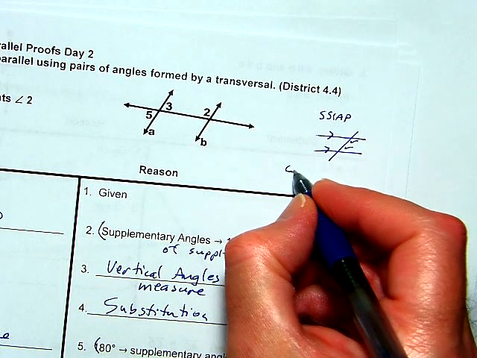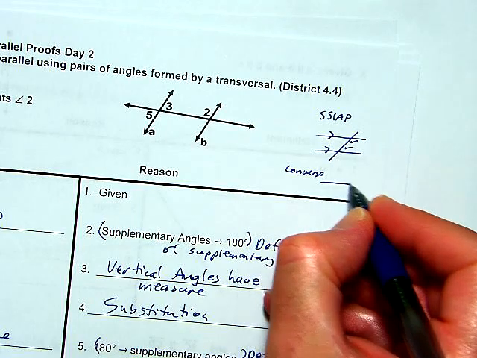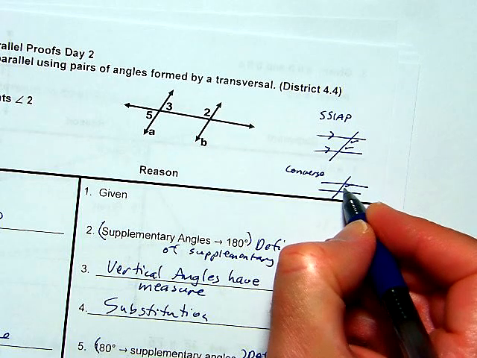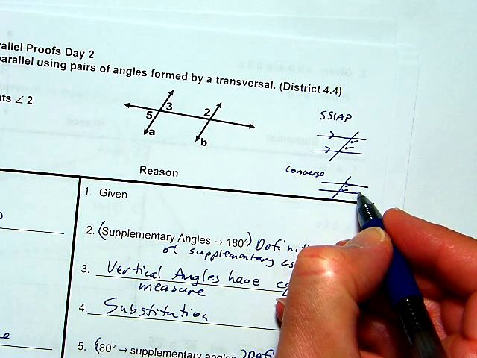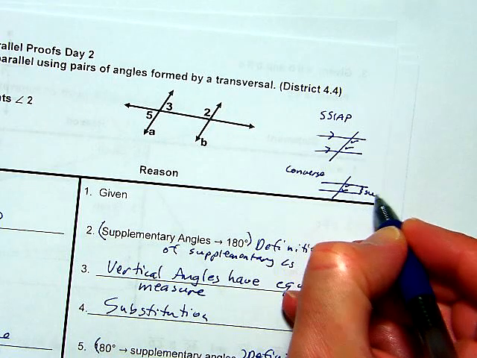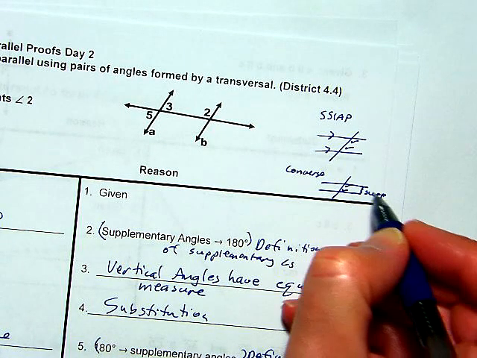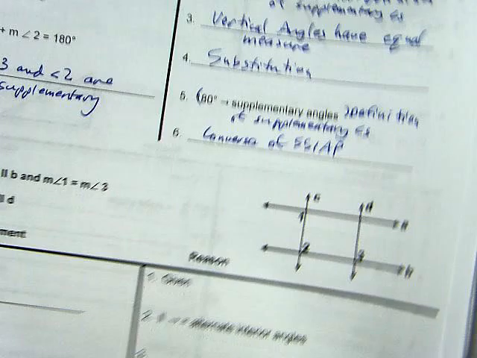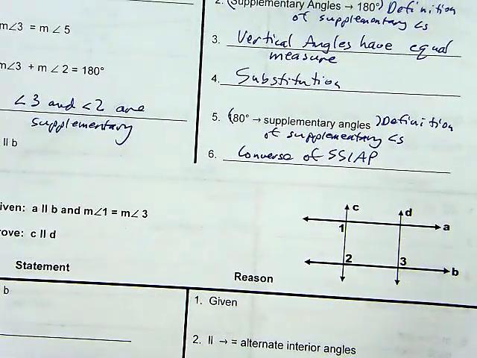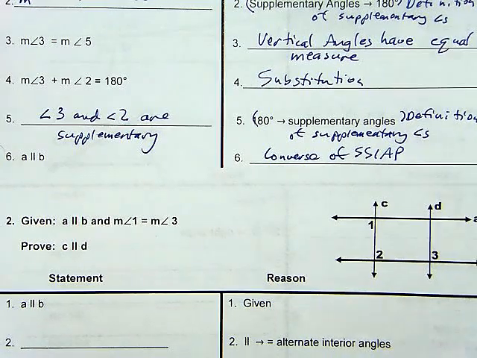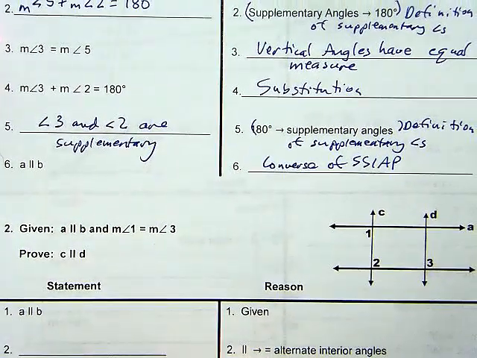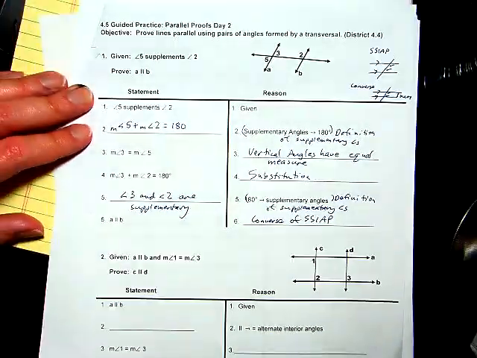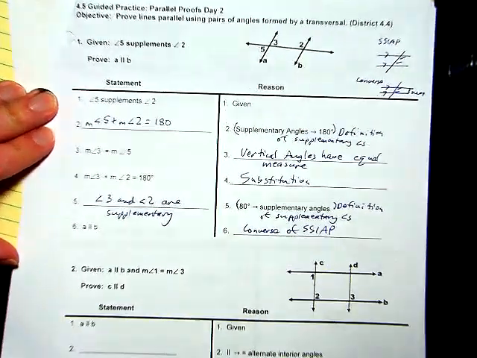Okay, but the converse says that if we have any two lines cut by a transversal, even if we don't know that they're parallel, but we have that the same side interior angles are supplementary, so we're given that these are supplementary, we can then conclude that the lines are parallel. Okay, so it goes both ways, and the converse of the same side interior angle postulate allows us to conclude that if angles 3 and 2 are supplementary, then A is parallel to B. So this would be the full proof of this theorem right here.